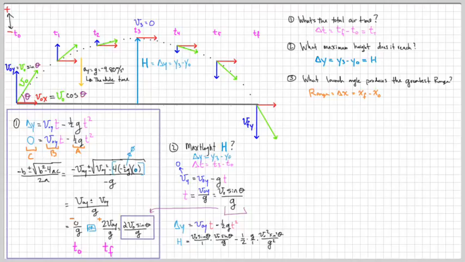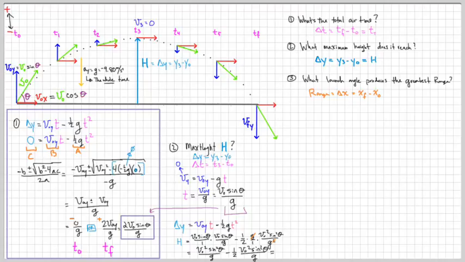Sine squared theta is the exact same thing as saying sine of theta, and that squared. We just often write it as sine squared theta. So when I solve this now, I have a g upstairs and downstairs that cancels out. And then I have v naught squared sine squared theta over g minus 1/2 v naught squared sine squared theta over g.